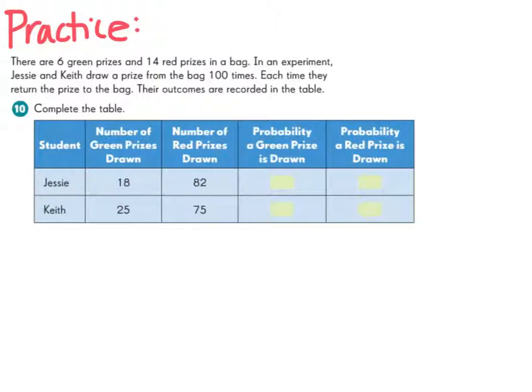Please calculate the probability that Keith drew a green prize and then the probability that Keith drew a red prize. Remember, probability is calculated by the number of favorable outcomes that were actually drawn over the number of trials. Please press pause while you complete this. There is one final practice problem on the next screen.